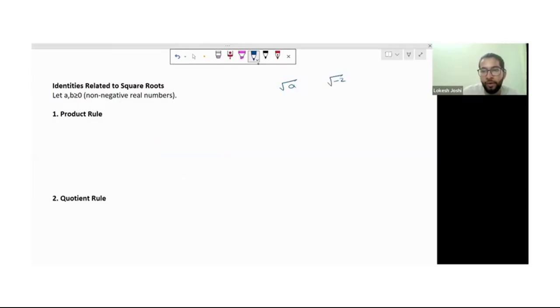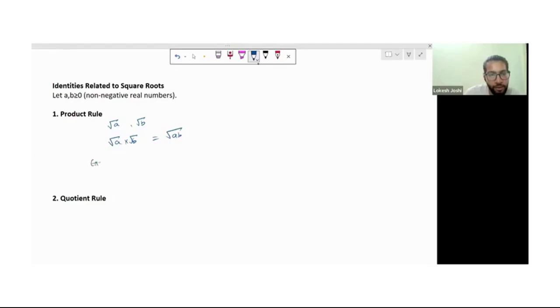We only do under root 2, under root 3, like positive numbers inside the under root. So if we have two non-negative real numbers a and b, then under root a multiplied by under root b will be equal to under root ab.